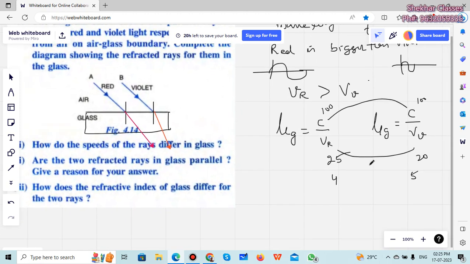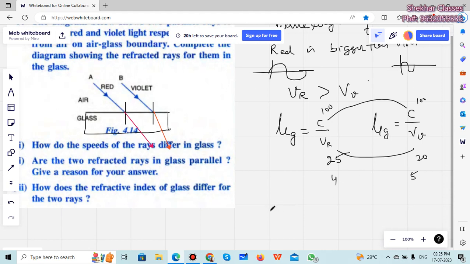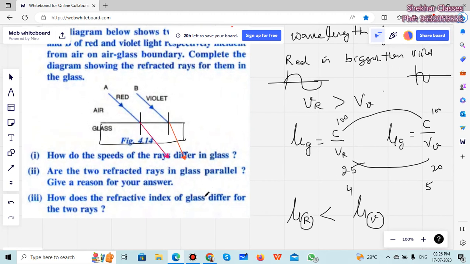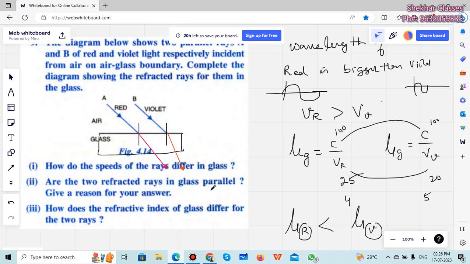So the refractive index for red will be less than the refractive index for violet, and both are for glass only. I'm striking red color here, and this is violet. Understood? So this is the answer for the last question. I hope you have understood everything.